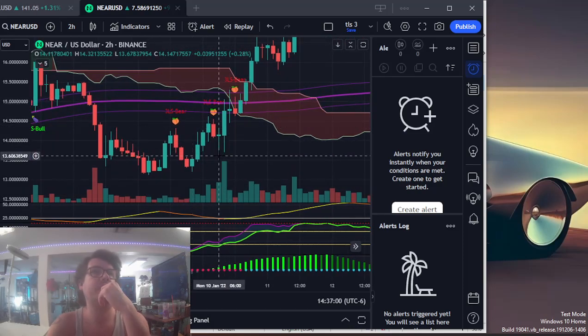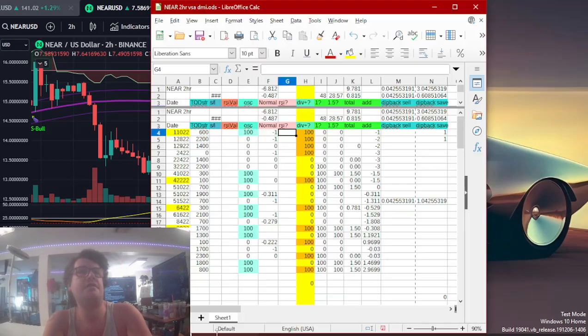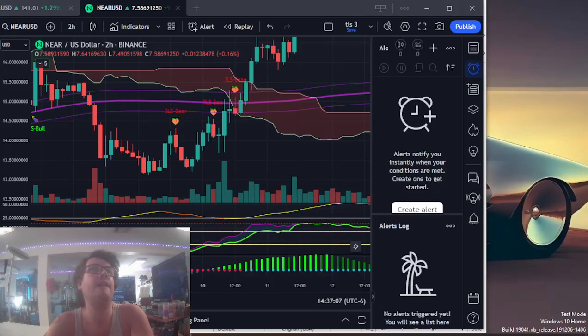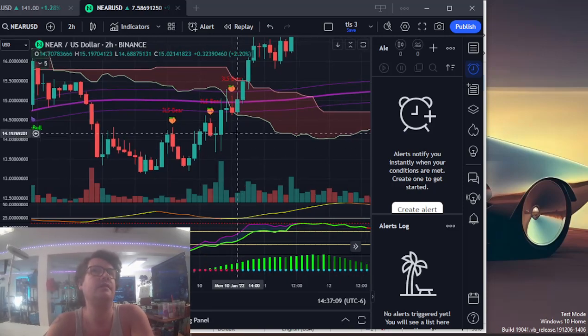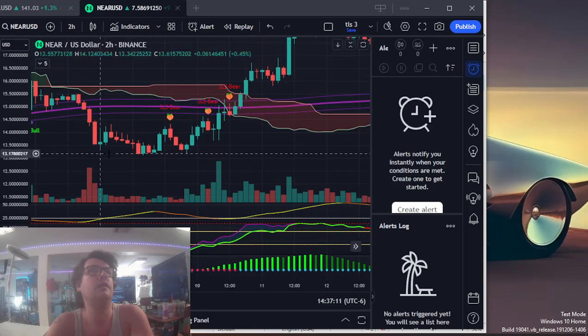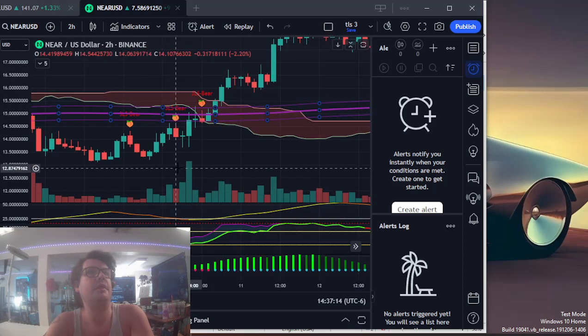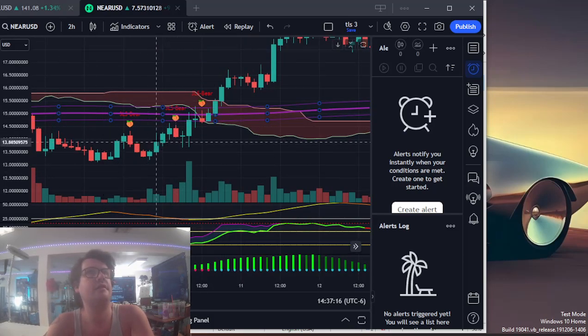Got to be this one. That is in the strike zone. Wait a second. This would not be a loss.